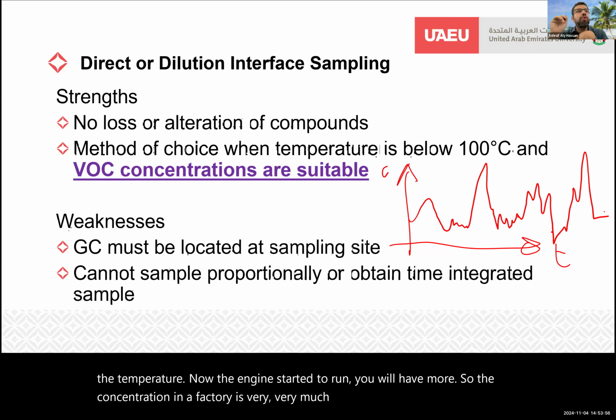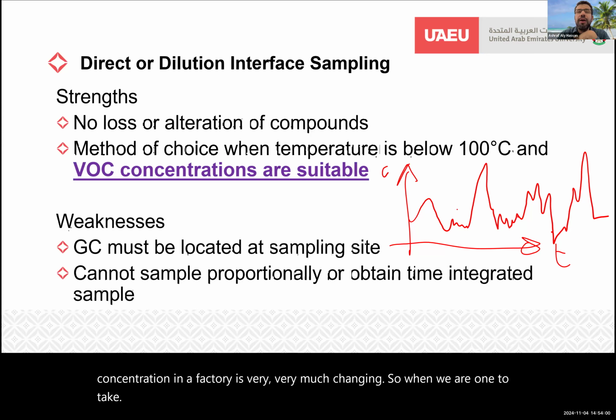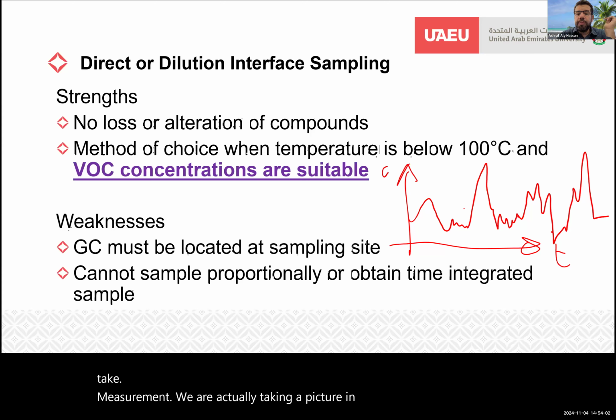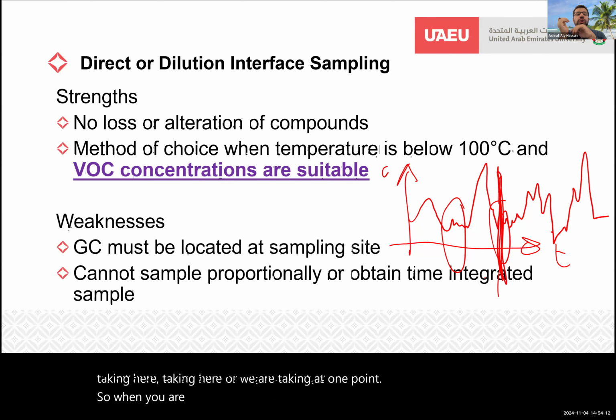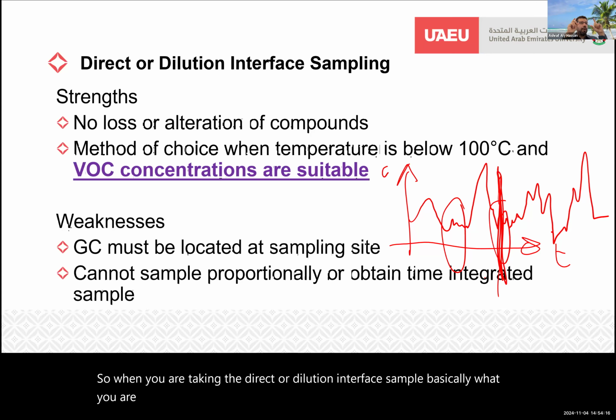So when we want to take a measurement, we are actually taking a picture in time. We are taking it at one point. So when you are taking the direct or dilution interface sample, you're really taking a picture in time for a specific time.